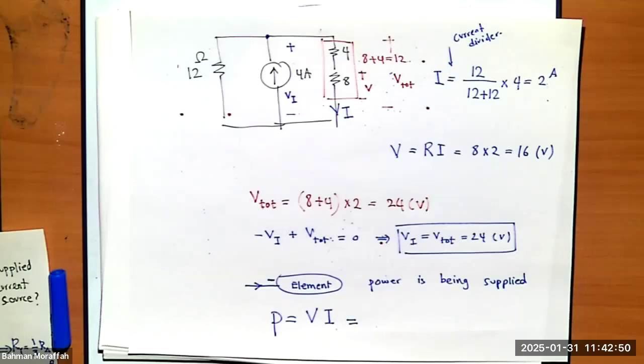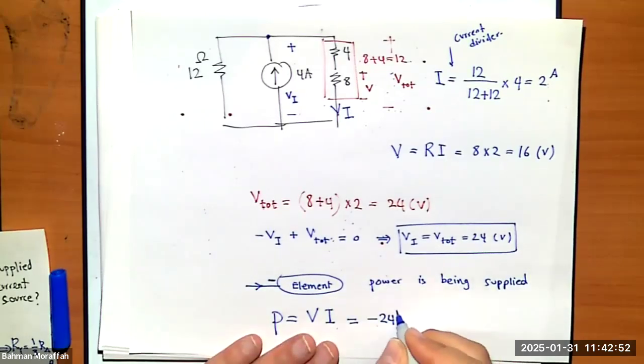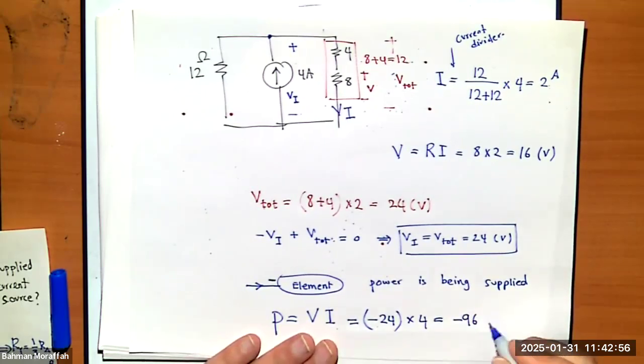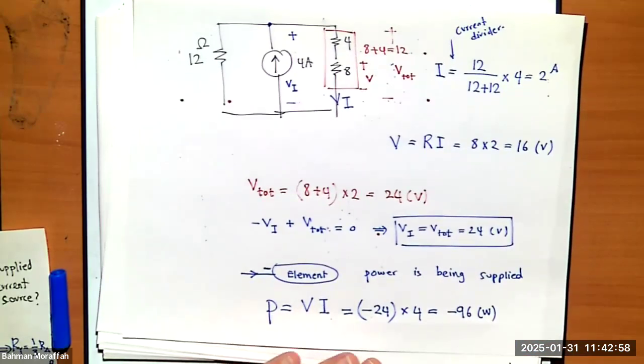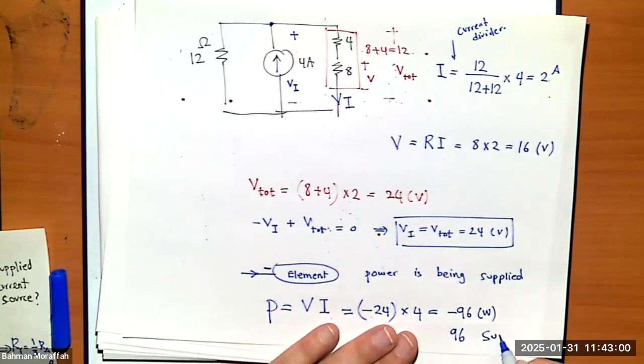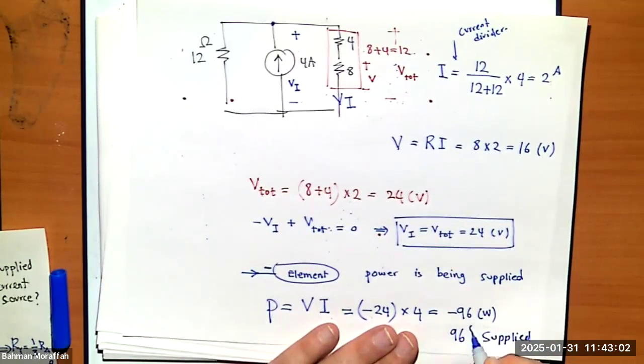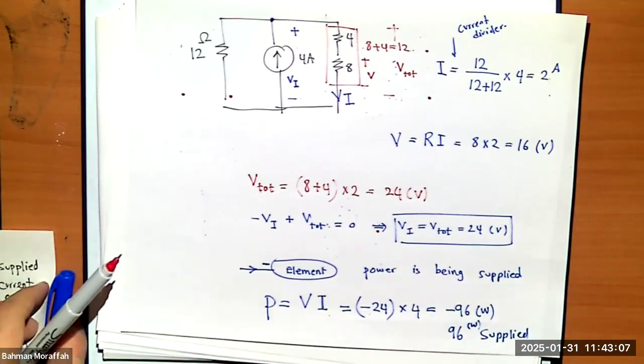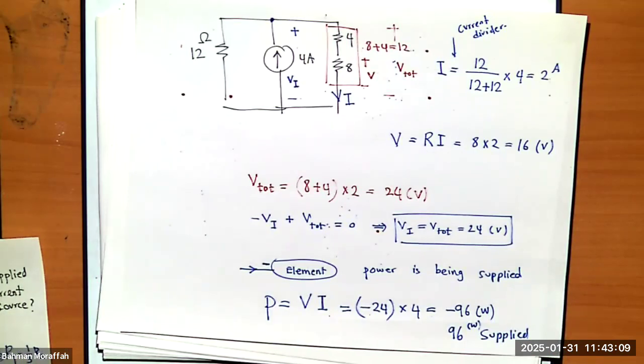So it is negative 24 times 4, which is minus 96 watts, or 96 supplied. Right? Yes.